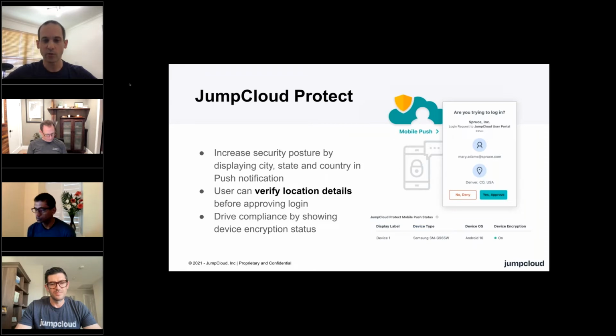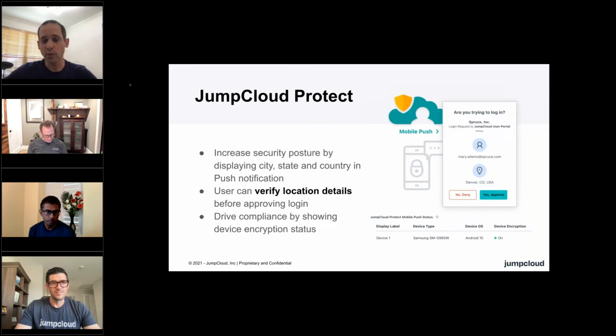So if I am currently in Cedar Park, Texas, and I'm trying to log into my user portal or into one of my SaaS applications, my push notification on my phone will actually show Eric is trying to log into ServiceNow or Salesforce from Austin, Texas. What that adds is obviously the ability for me to identify a request coming in from a non-legitimate geography or area, and to deny that request as a security measure.